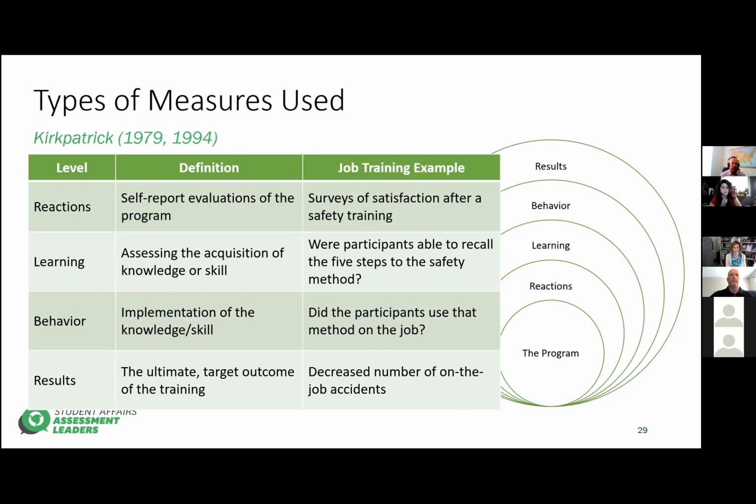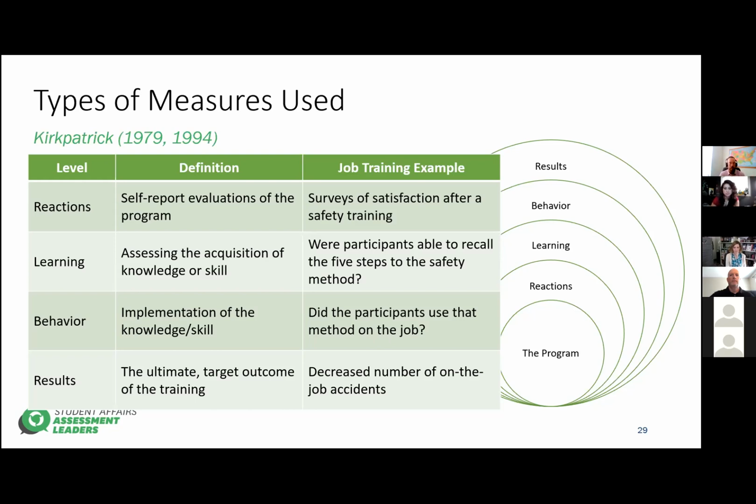The next level of data is called learning, which is where you actually assess whether or not people attained the skill or knowledge or attitude you were trying to impact as a part of that training. This is where a lot of our assessment work exists, in trying to directly measure some of those things students learn as a part of our student affairs interventions. Behavior is about how you take that learning and then use it.